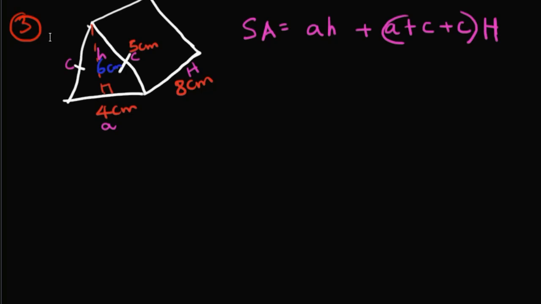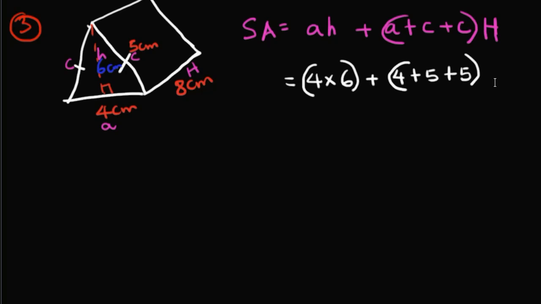So moving on, we get A as 4 and height as 6. Remember, this 6 is the height of an isosceles triangle. Now move on, we get A, which is 4, C is 5, and another C is 5. And now we have this capital H, which is the height of a triangular prism, and that is 8.